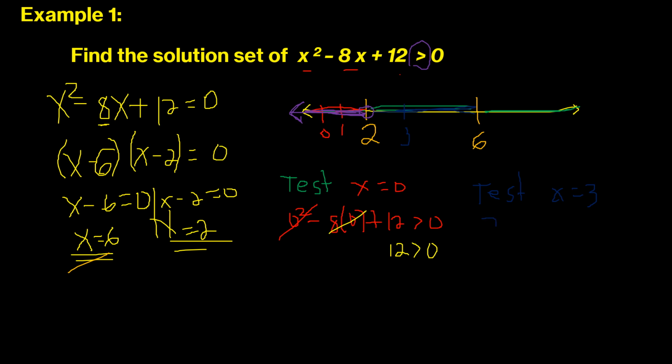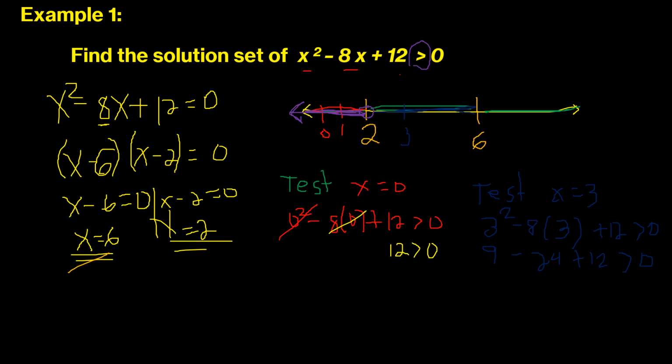So you have 3 squared minus 8 times 3 plus 12 is greater than 0. But 3 squared is 9, minus 8 times 3 is 24, plus 12 is greater than 0.